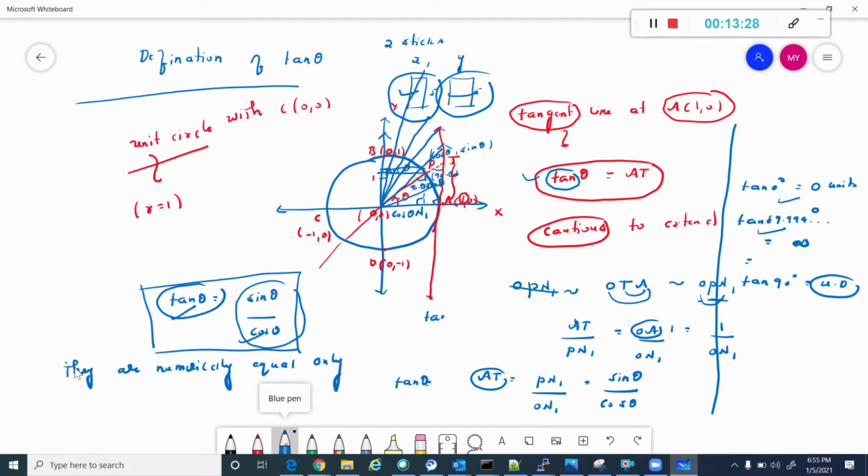But there is no chance of this ray meeting this. In whatever way you extend, since both are parallel, they never meet. Undefined is different from infinity. Infinity and undefined are not the same.